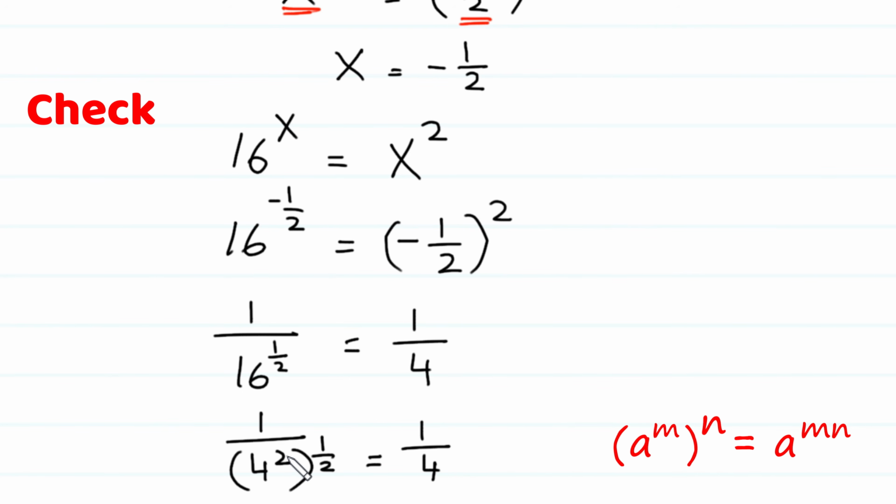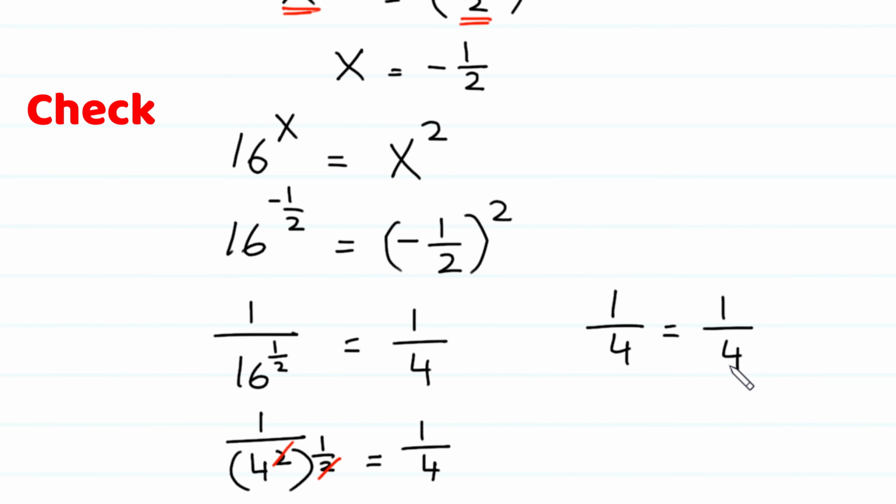When this power 2 is multiplied by this power 1 over 2, this 2 will be cancelled with this 2. And here is left 1 over 4 is equal to 1 over 4. From here you can see that the left hand side is equal to the right hand side. So it is proved that the value of x, negative 1 over 2, is correct.